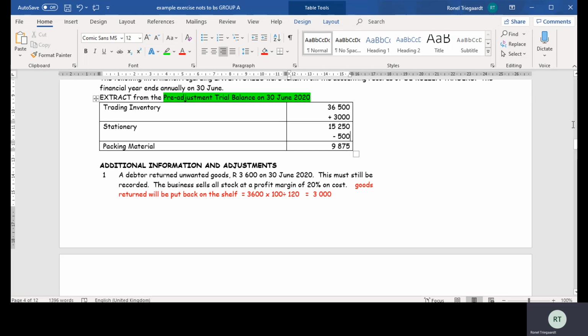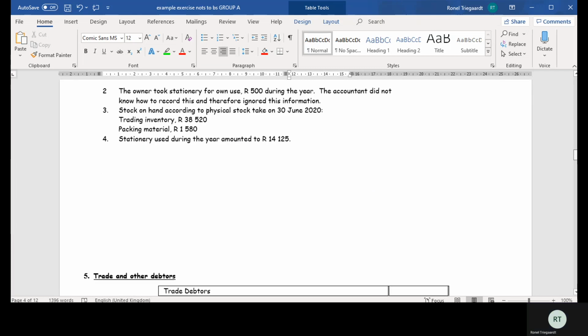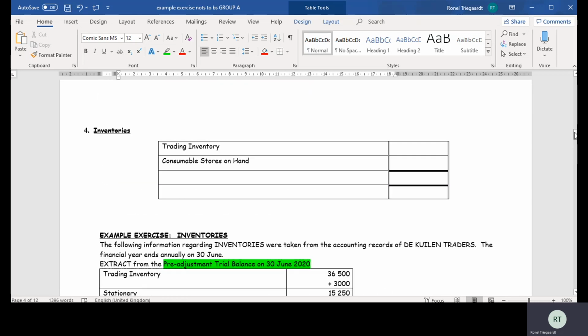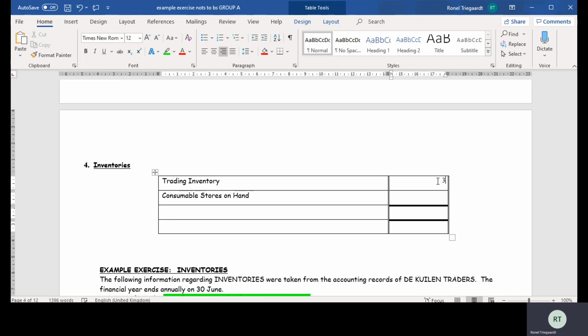The next one. Stock on hand according to the physical stock take on 30 June. Trading inventory, packing material. So this is how much stock you really have. So what will you do with this? That information, 38,520, is how much trading inventory you really have, and that must go inside your note.